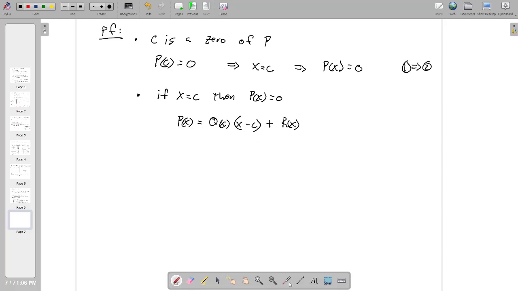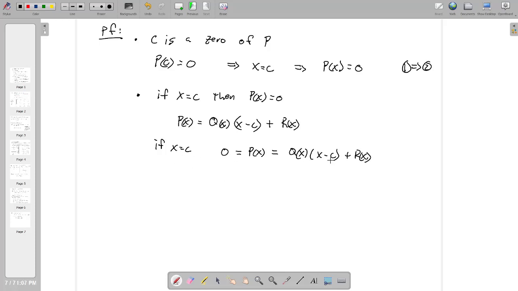Now, what we need to show here is that r of x is equal to 0. What we know, if x is equal to c, then p of x is equal to 0. So if x is equal to c, then on the left we have 0, which is p of x, which is going to be equal to q of x times x minus c plus r of x.